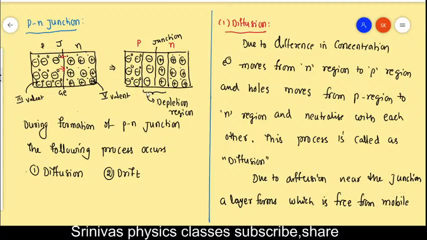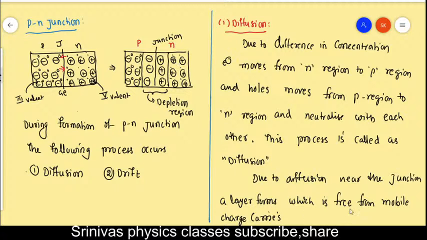You see the depletion layer I drew. In this region, no mobile charge carriers, no electrons, no holes, right? Electrons and holes are not present. What is present? Only negative ions in the P region and positive ions in the N region.